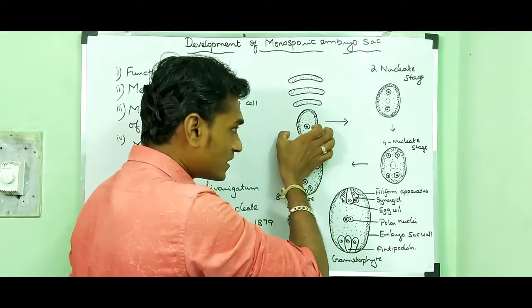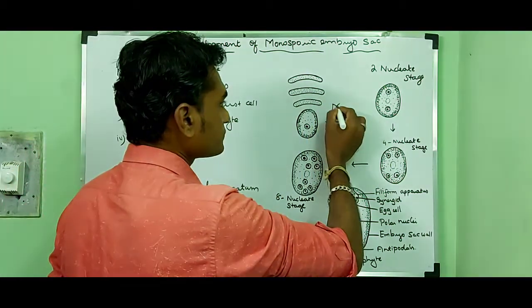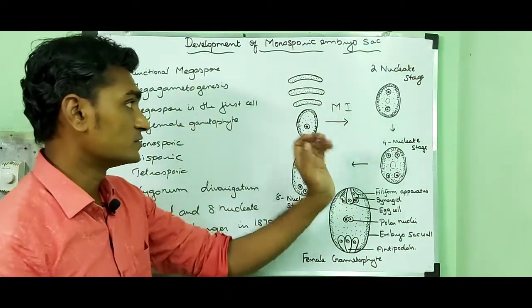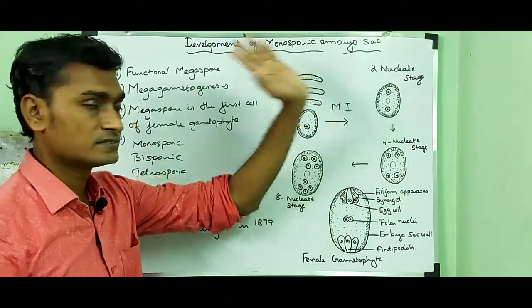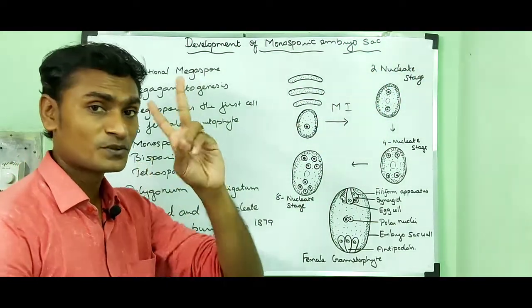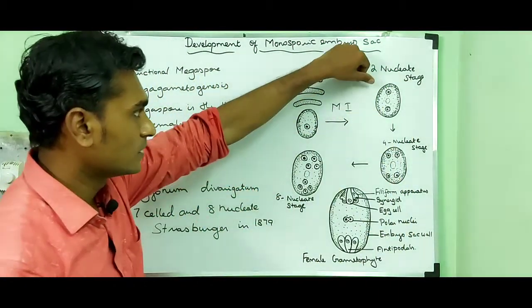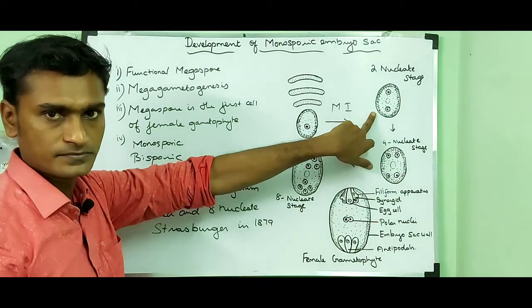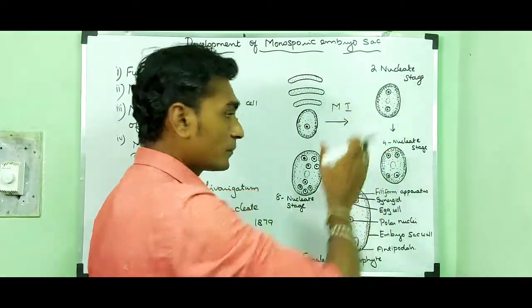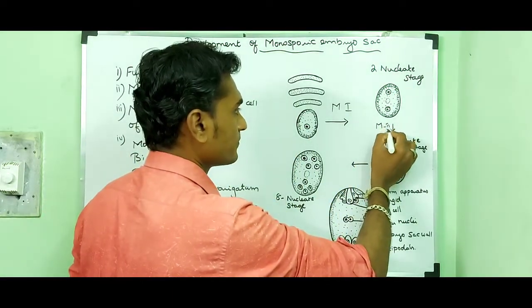This functional megaspore undergoes the first mitotic division and develops into a 2-nucleate stage, with one nucleus at each pole.